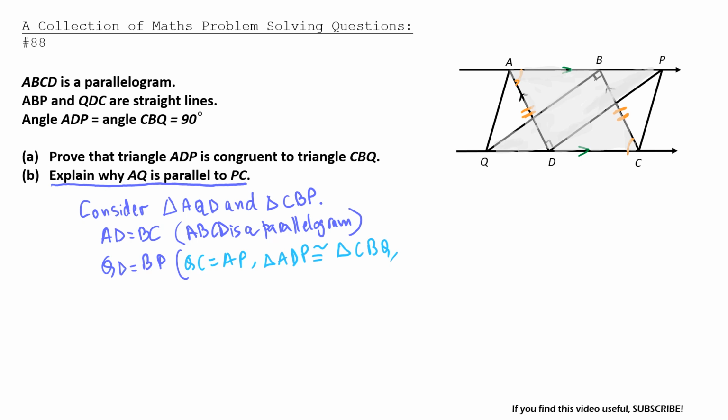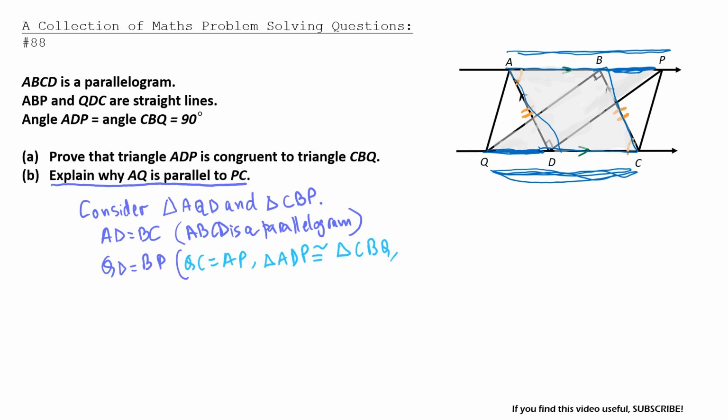So this is QD, this bit equals BP. Now the reason is we already know that AP equals QC or CQ. That's already done, and we know that ABCD is a parallelogram. So if you subtract AB from AP, you would get BP.